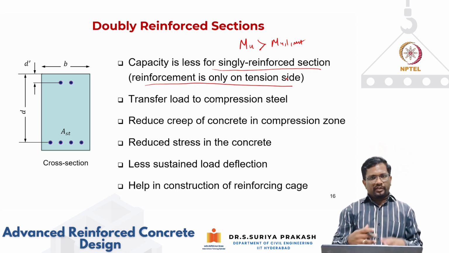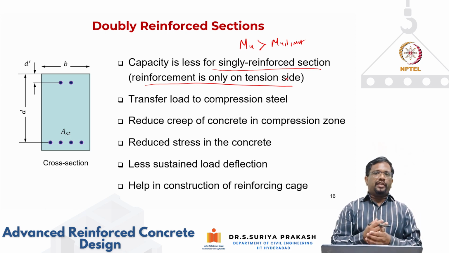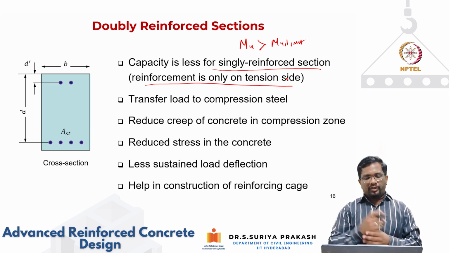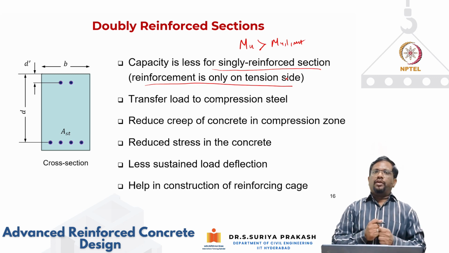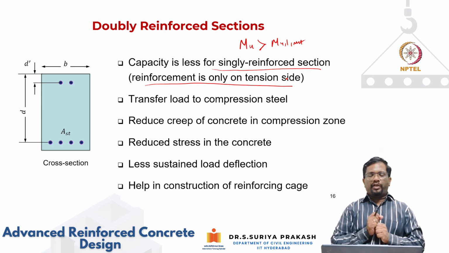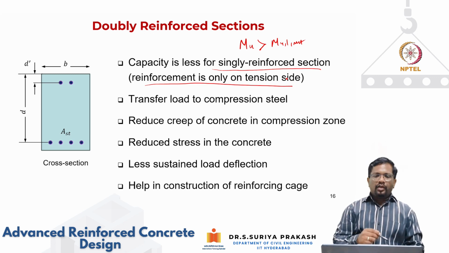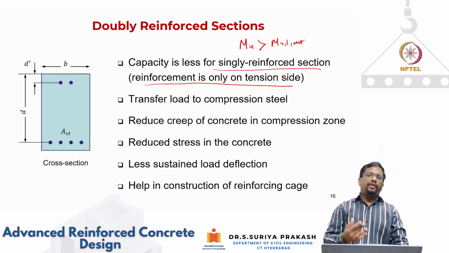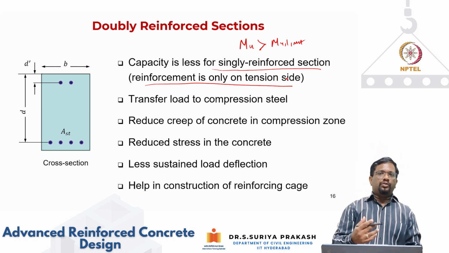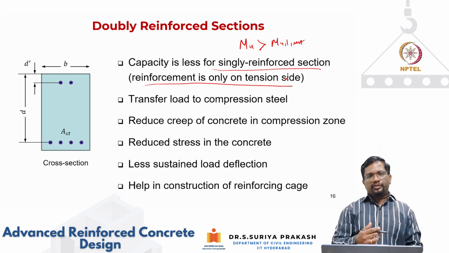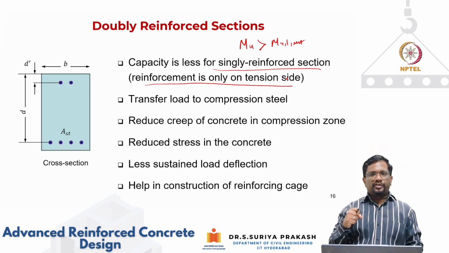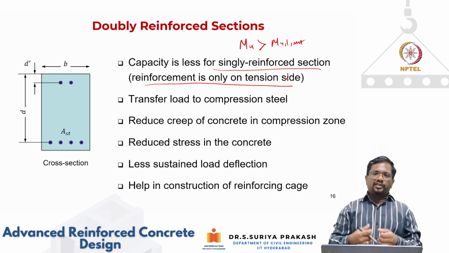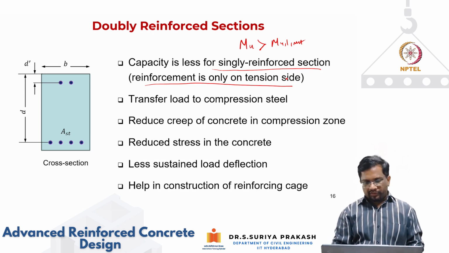In that case, I cannot put more steel than your Ast limit or pt limit that we have discussed in the previous case, because then your steel will not reach its minimum required yield strength. Then in that situation, the only way we can achieve capacity is to go for a doubly reinforced section. That means I need to put some steel on the compression side, and then I can put more steel on the tension side that will give me more moment resistance.